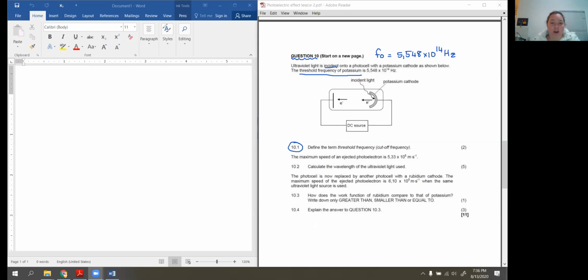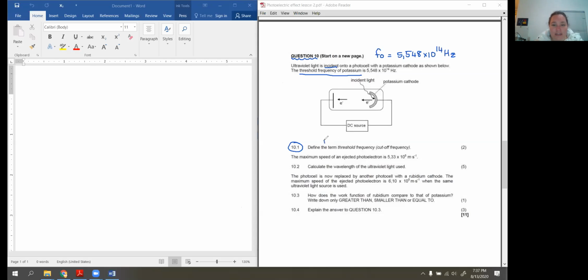But I find that I often get confused when I'm writing things down because I go into autopilot, and you can easily get confused between the work function and the threshold frequency because the difference between the two is very subtle. So Michaela's already given me the right answer. It is the minimum frequency required to emit an electron from a metal surface. That's exactly the same as your work function, but instead of saying the minimum energy required, you say the minimum frequency to emit an electron from the surface of a metal.